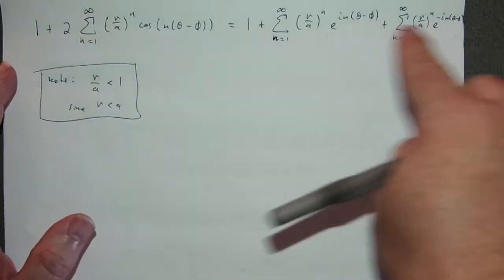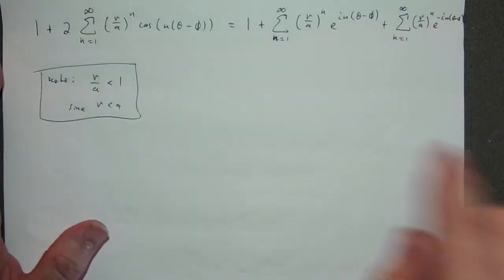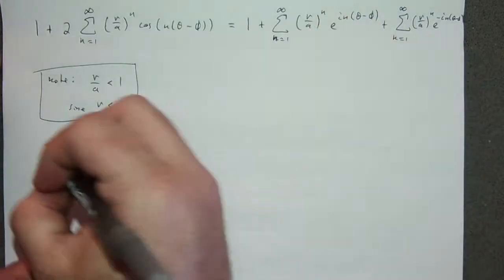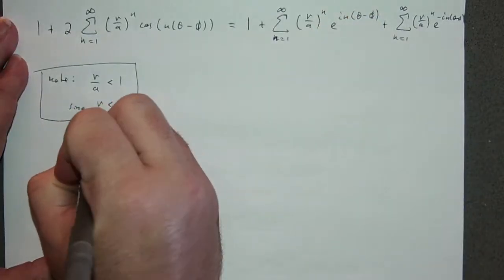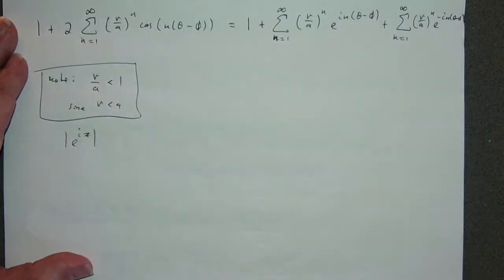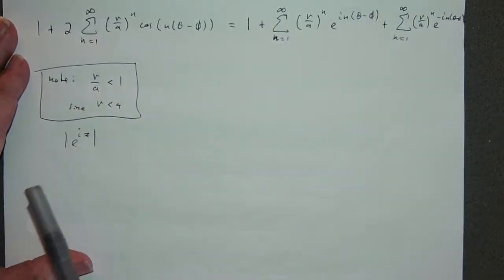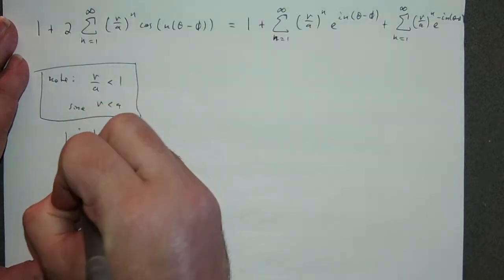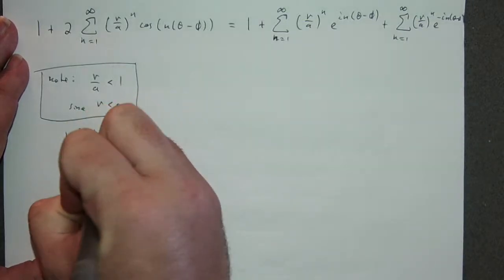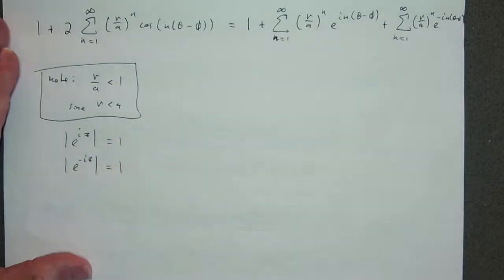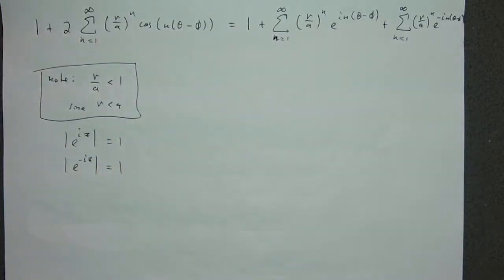These are both geometric series. r over a is less than 1. We know that, but what about e to the iz? What is that expression? These have modulus 1.